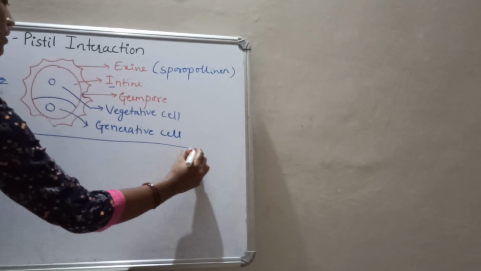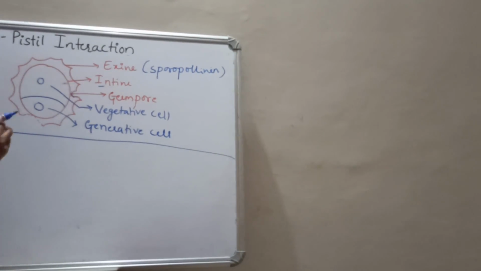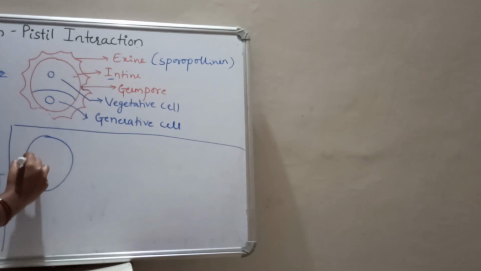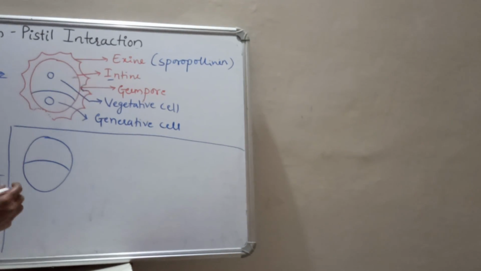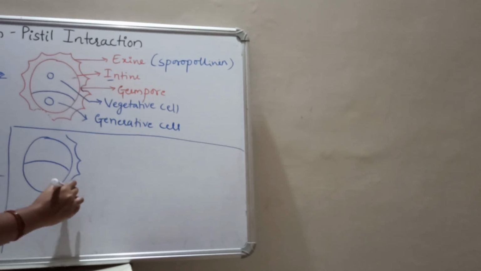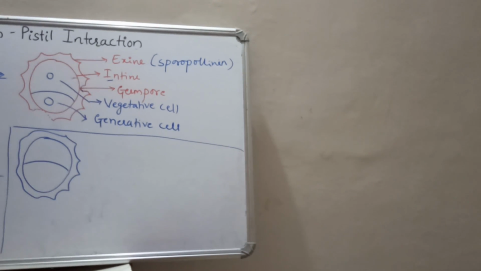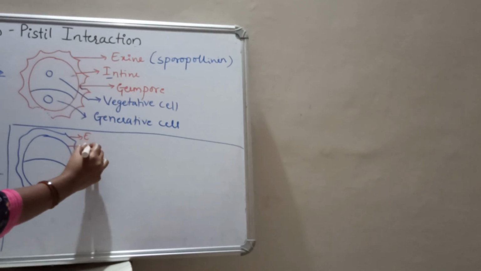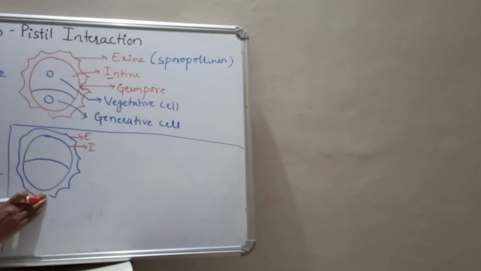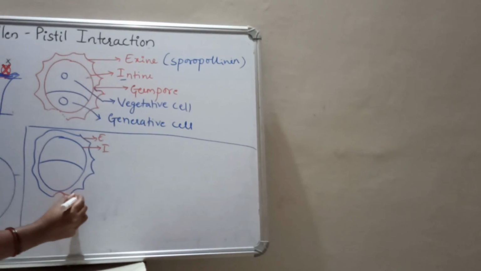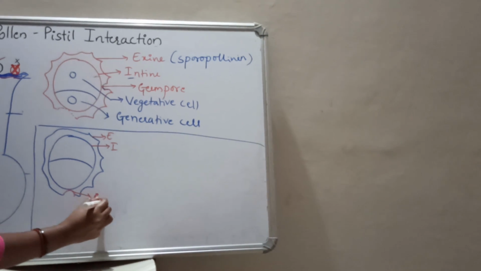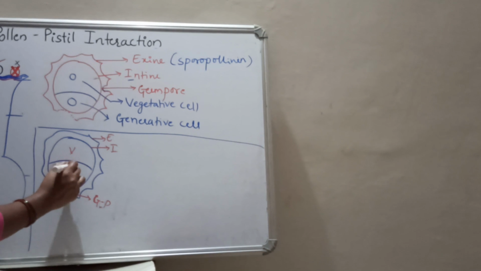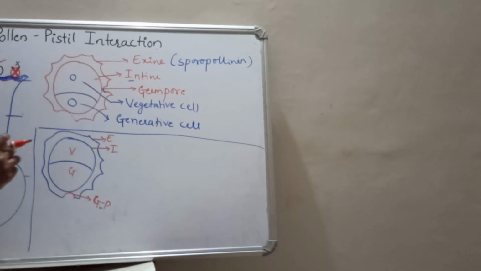Almost all plants release the pollen grains in the two-celled stage. This is the exine layer and this is the intine. This is the germ pore. Then this is the vegetative cell and this is the generative cell.